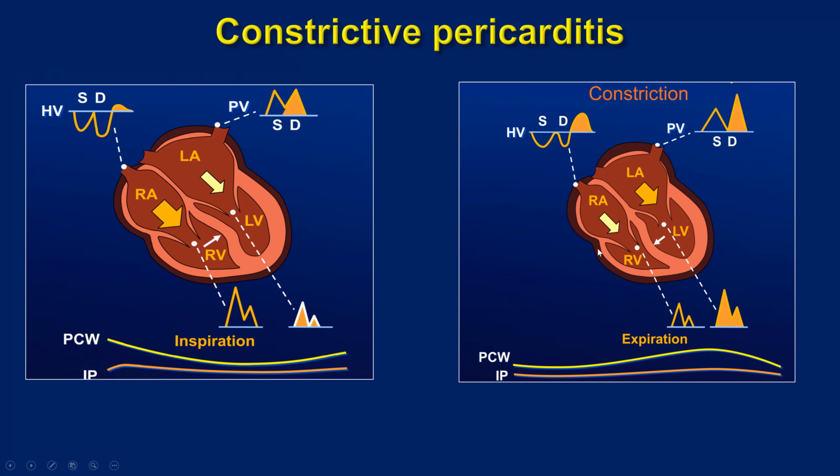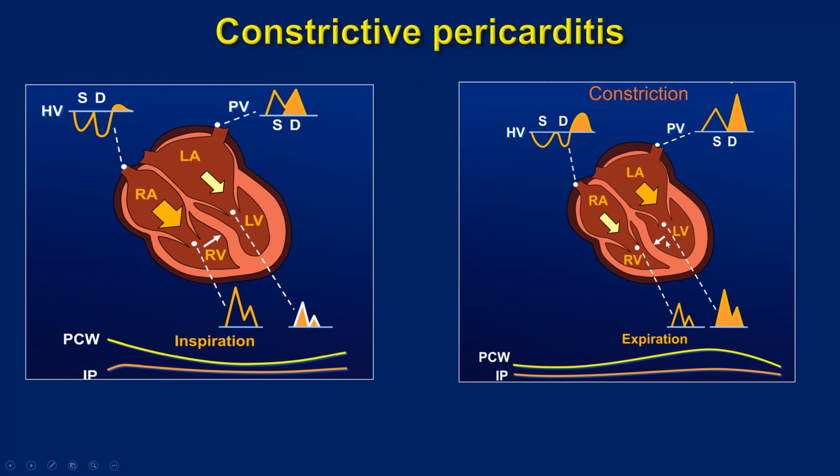Let us see what happens during expiration. During expiration, we have high intrathoracic pressure. The flow from the pulmonary vein is high, as you see here, increased. This is a forward flow, the D from pulmonary veins increases. And this will push the blood towards the RV.